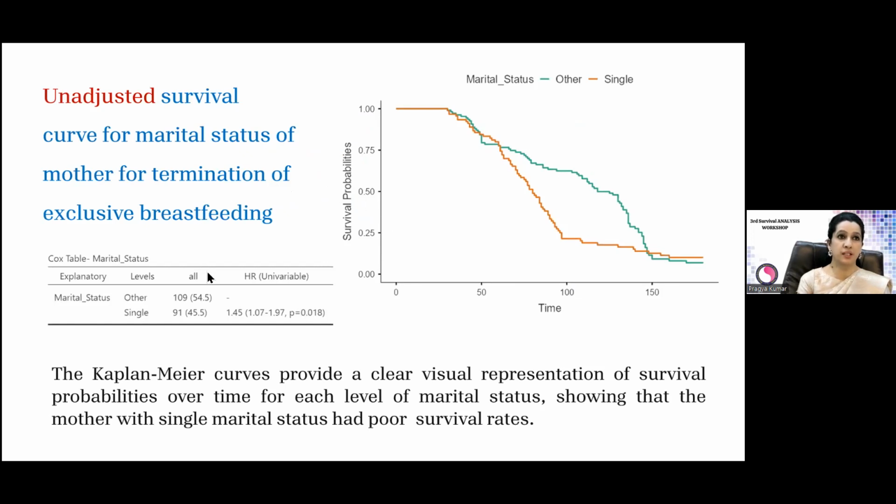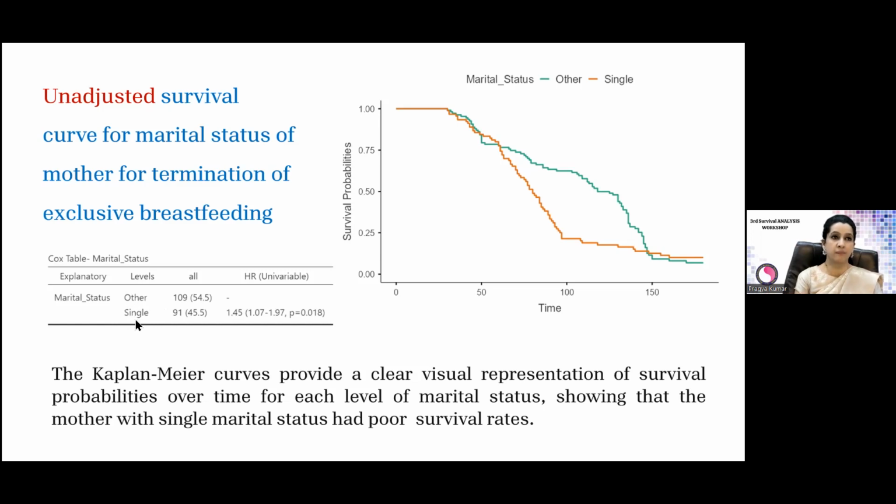If you see this, these are the levels. For any explanatory variable, if you take the dependent and independent variable, in logistic regression we have a dependent variable which has two levels, and then an independent variable which can be a continuous variable, ordinal variable, or a nominal variable. Here, these levels are other and single.